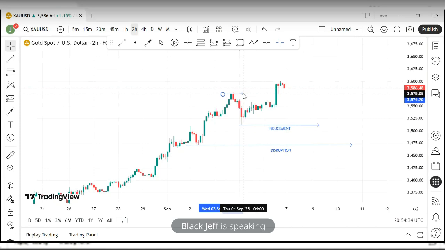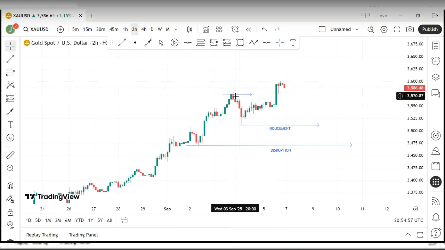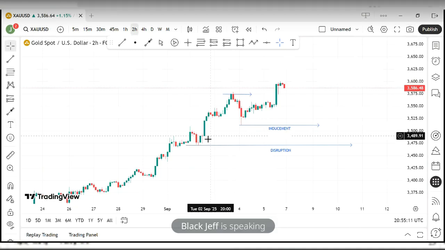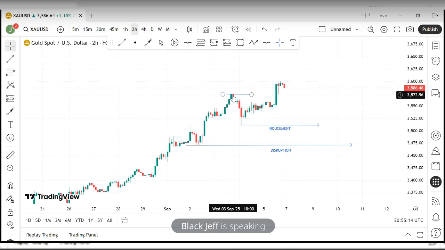Because they have two equal highs, they become a resistance key level.